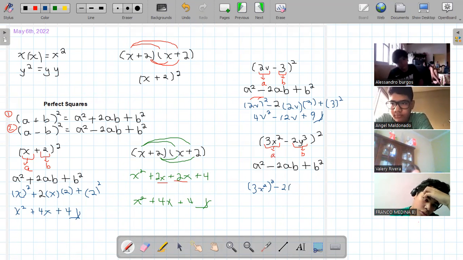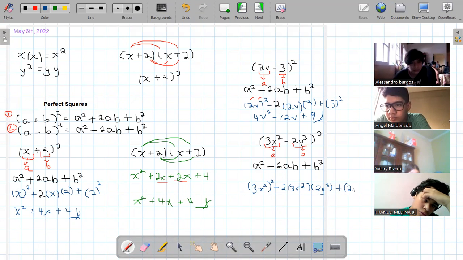So A, which is 3x squared, times B, and B is 2y cubed, plus b to the square. And we just said that b is 2y cubed, and that should go to the square.